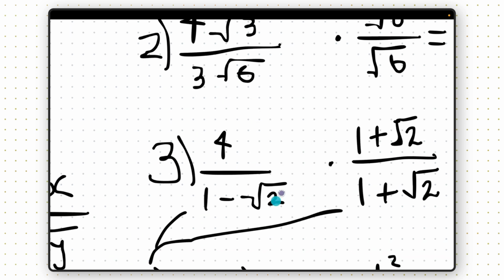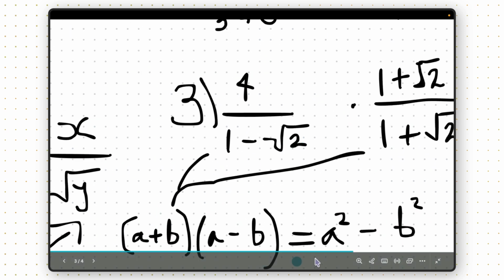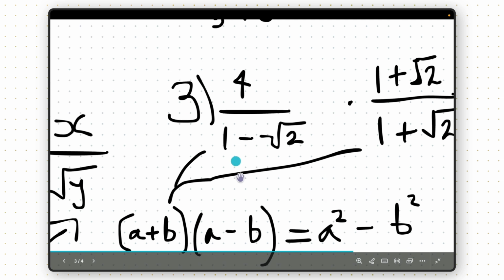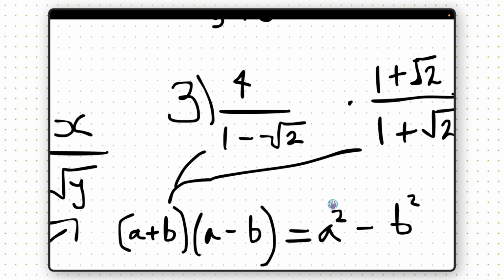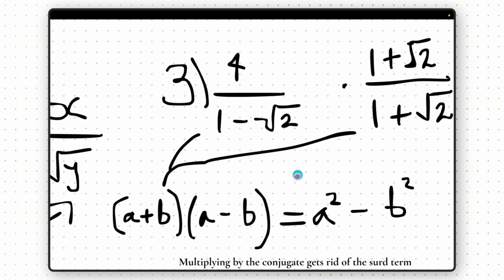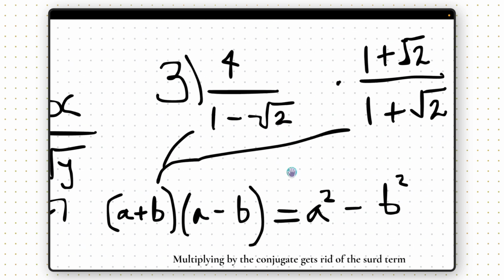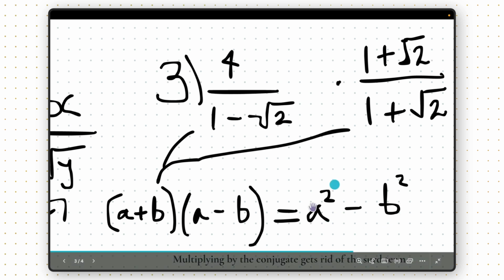Now this is because of the difference of squares rule, and this is the only way that you would get the surd out of the denominator of the fraction. You can try other ways, like multiplying by just root 2 or 1 minus root 2, but this is the only way that you would immediately get the surd out of the denominator, thanks to the difference of squares rule.